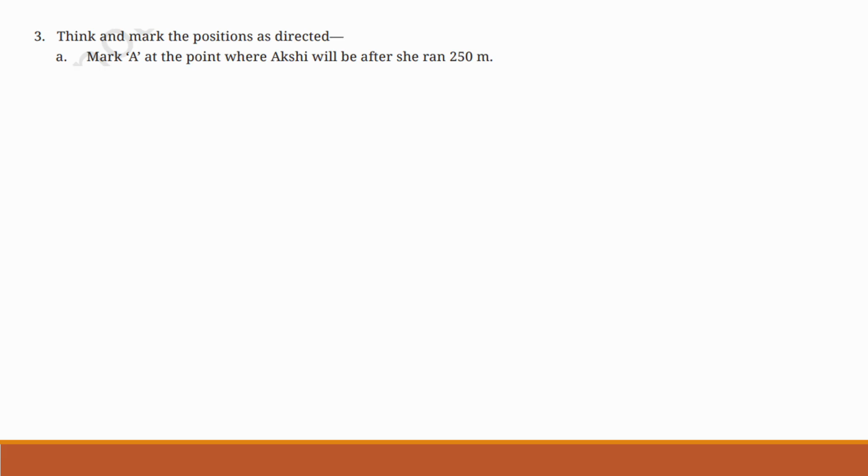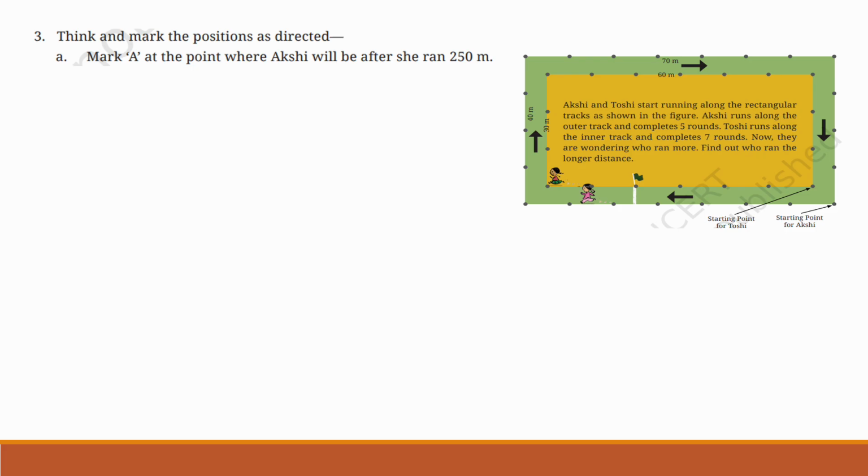Think and mark the positions as directed. Mark A at the point where Akshi will be after she ran 250 meter. See the figure. Akshi covered one round in 220 meter. We have already seen this.